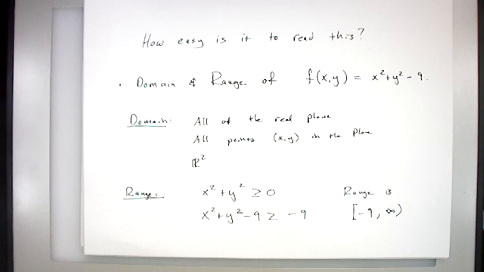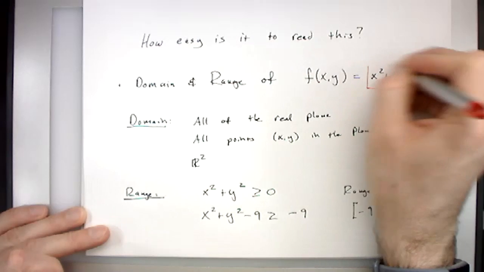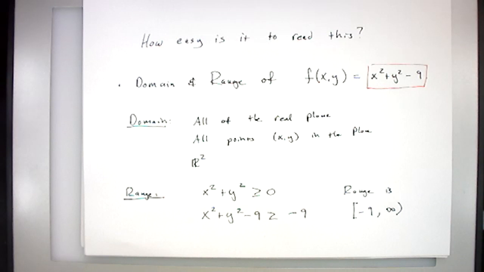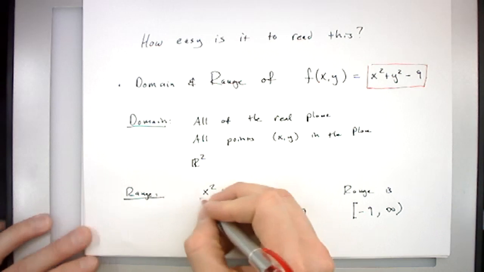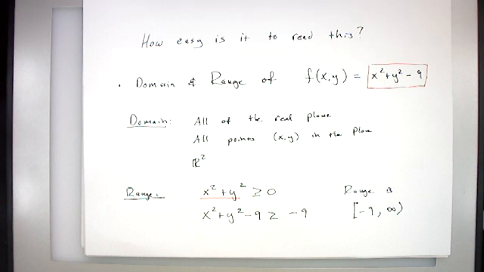So the reason I did that is because I was trying to look at the function, right? It's not so much that I set it to be bigger than or equal to -9. It's that I started with this, x squared plus y squared. And the reason I started with that is because I know that x squared plus y squared is always greater than or equal to 0.